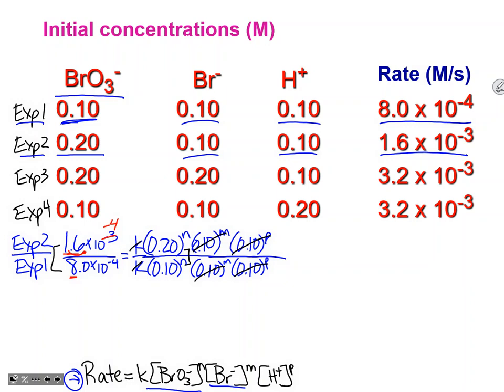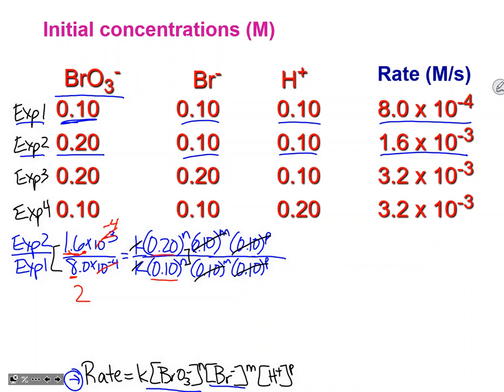So what is that value going to be for the 16 divided by 8? It looks like complex numbers, but it really isn't. Because 16 divided by 8 is what? It's 2. The 10 to the 4s cancel out too, right? They cancel, so now we've just got 2.